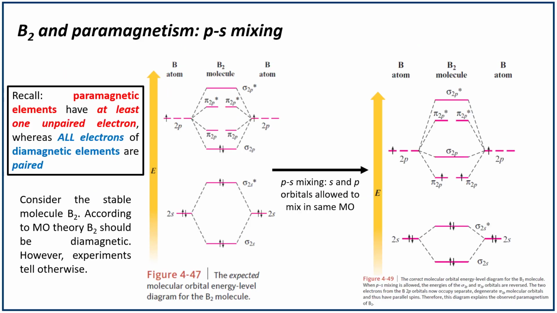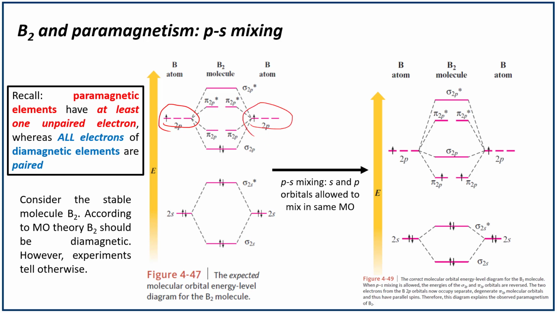Now, as you move across the periodic table from lithium to beryllium all the way up to boron, you're combining 2p orbitals to form pi orbitals. And again, the same principle still applies. For 2p orbitals, we have 3 orbitals per atom.